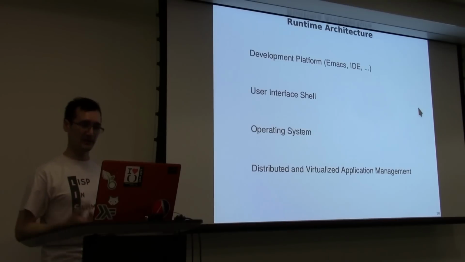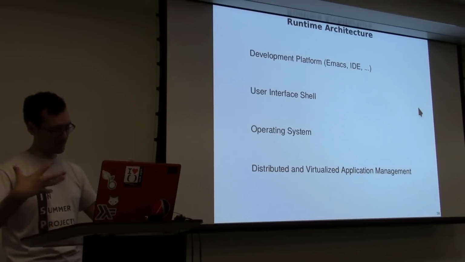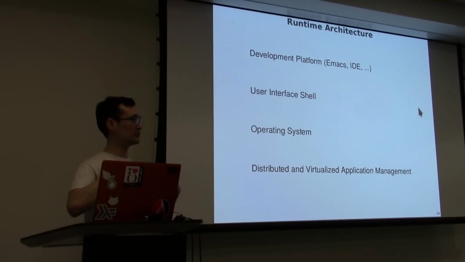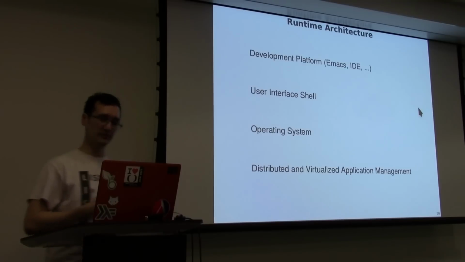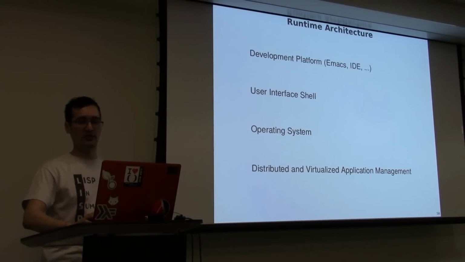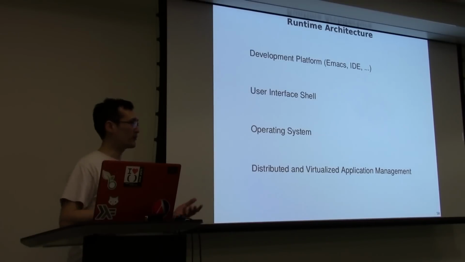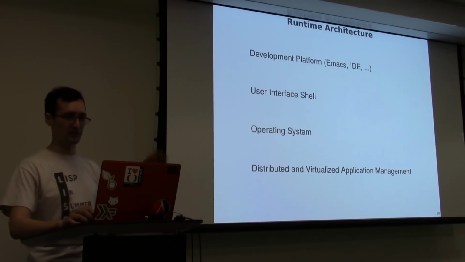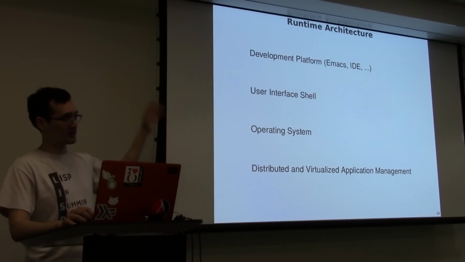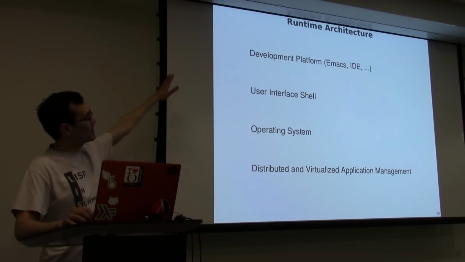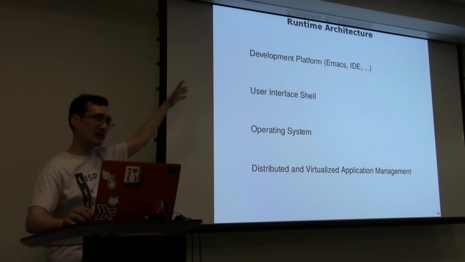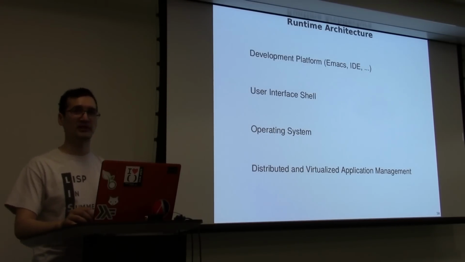You have some kind of interface between what you want to do and what the computer does for you, or an operating system, or an application management system for your distributed or virtualized application. That's a runtime architecture. And I argue that if you are building anything like a runtime architecture, then you will find a great use in first-class implementations.